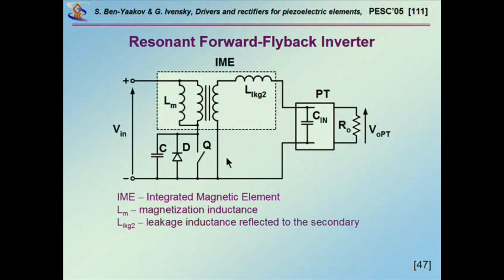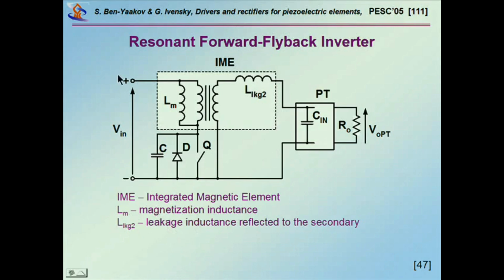One more topology which has been demonstrated, and it has some merits to it, is to use a forward flyback arrangement. So basically, it is similar to the Class E, but not exactly. The difference is that you have powering in the two stages.